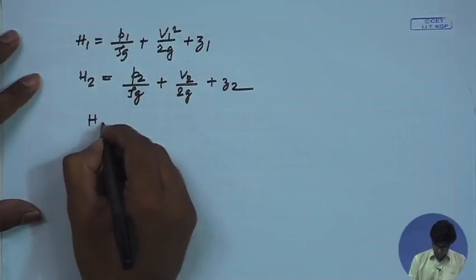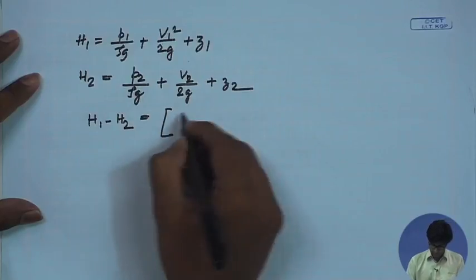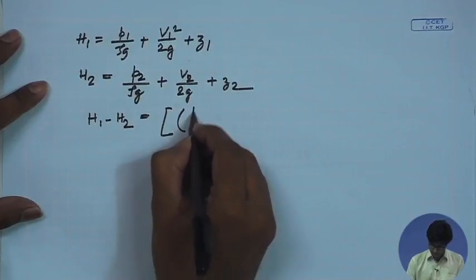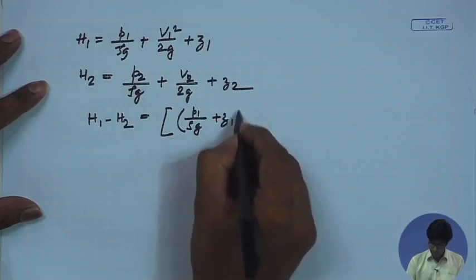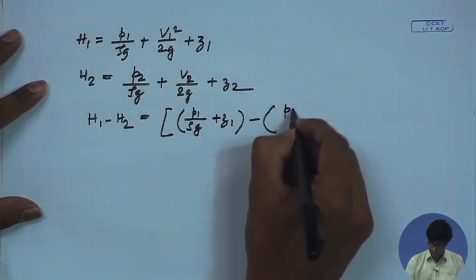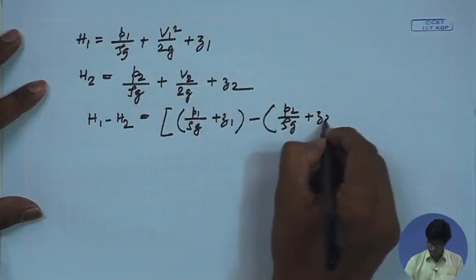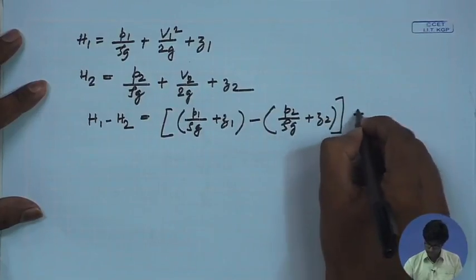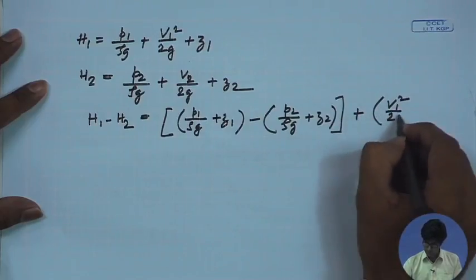So, H1 minus H2 we can write as P1 by rho g plus Z1 minus P2 by rho g plus Z2 plus the difference in the velocity head.